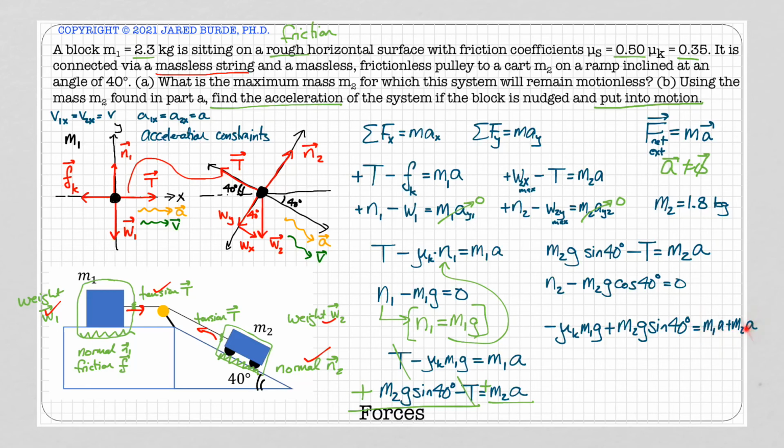I also have 2 terms here. I'm trying to solve for acceleration, and in fact, by putting all my acceleration terms on the same side of the equation, I have a common factor that I can factor out. And then to get acceleration by itself, I can divide through by the mass.